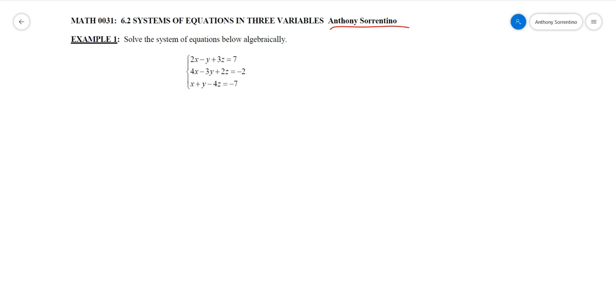As long as I have the same number of equations as unknown values, I'm usually pretty good and either going to be able to find that they do have a solution in common or that they don't. They don't have a solution or may have infinite solutions.